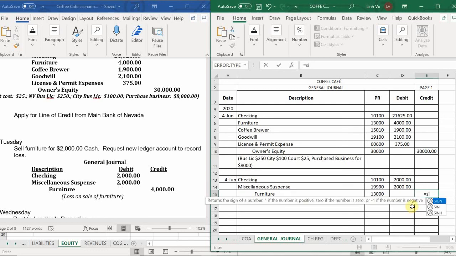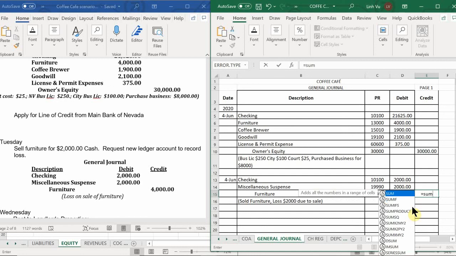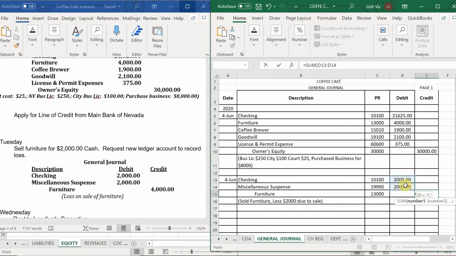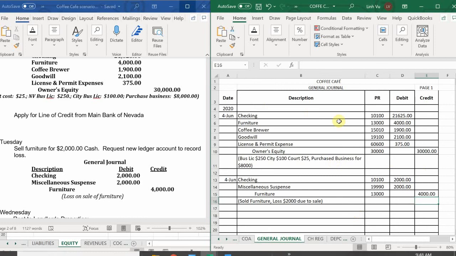I just clicked on the cells and added them. So you do equal sum. You need to activate it by hitting that tab. Okay? And then you click and drag. Right? And then enter. Okay, thank you. In this case, I just clicked on the cell and added the two together. So equal, click, plus, click, equal, and enter. Awesome, thank you. Okay.